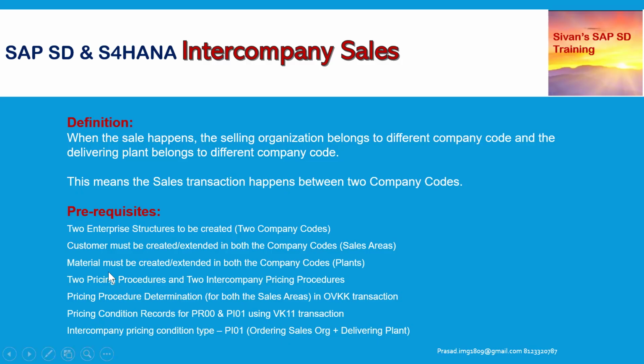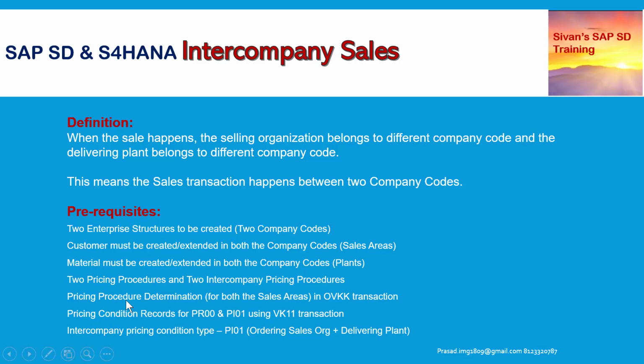And whatever material we deliver to the end customer from our company code, the same material has to be available in the other company code's plants also. Then only they will be able to deliver the product to the company code one customer from the company code two plant.